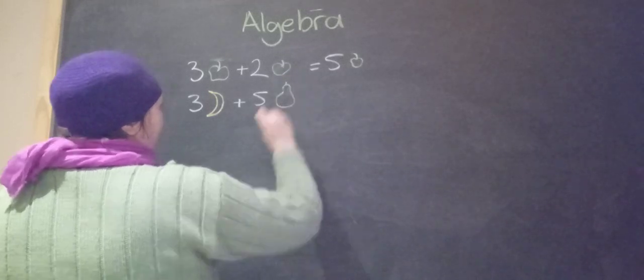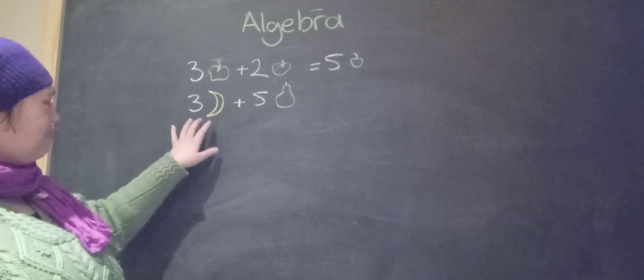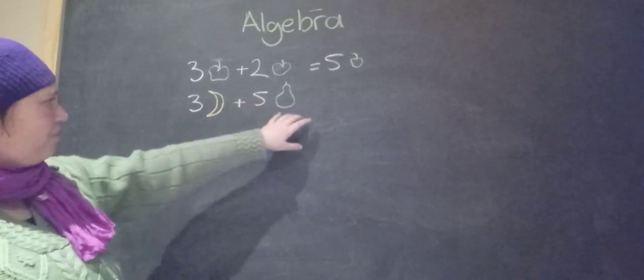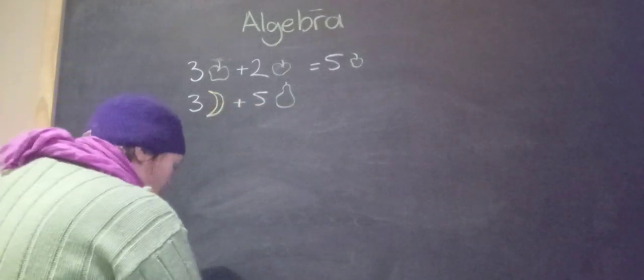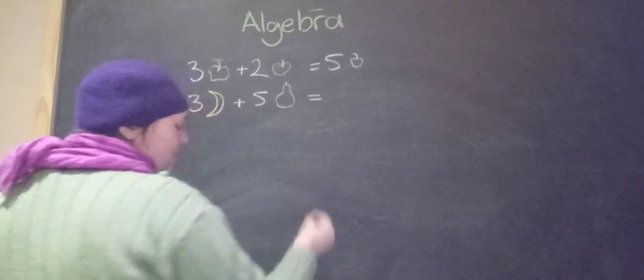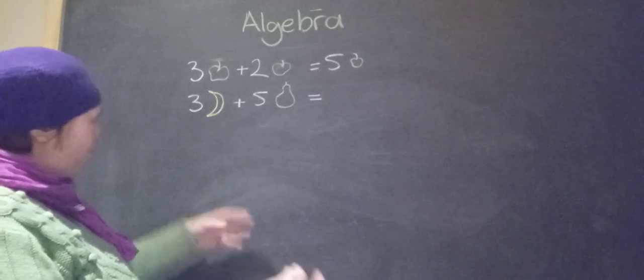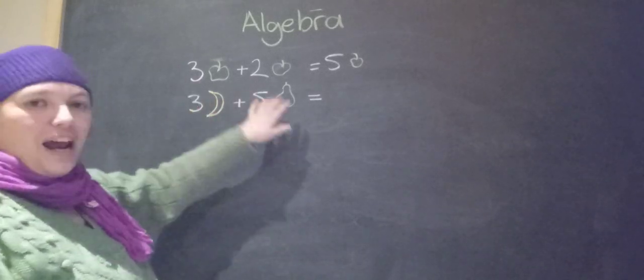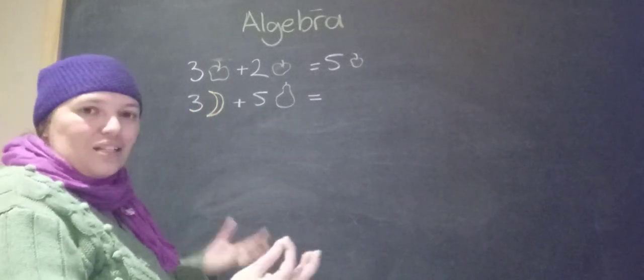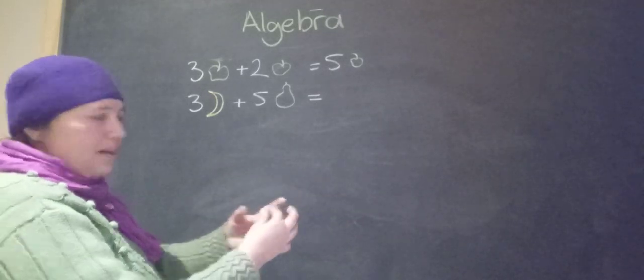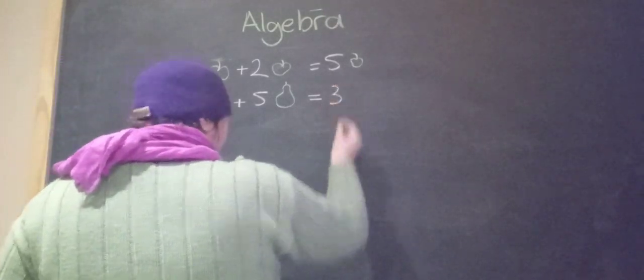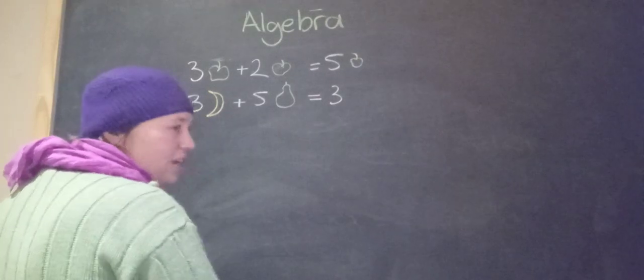Ugh, weird pear. Okay, so 3 bananas plus 5 pears. We can't work it out because it's not the same. In other words, you still have 3 bananas and 5 pears. It doesn't change because we can't put them together. We can only put things together that are the same.